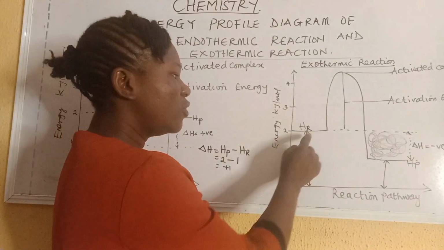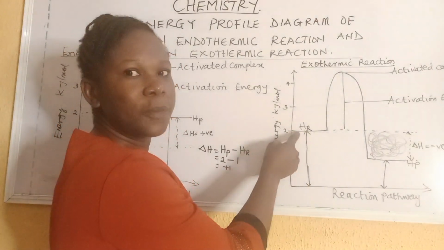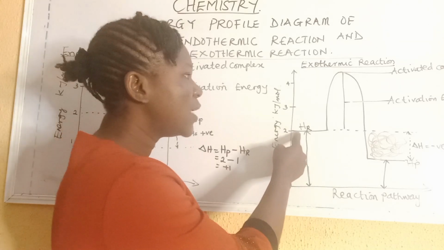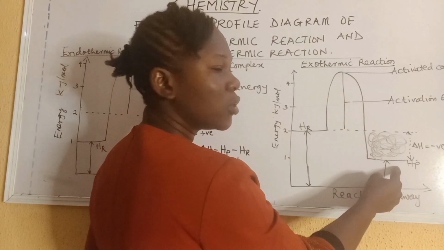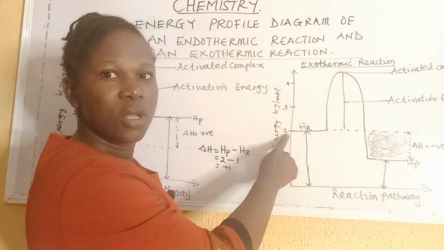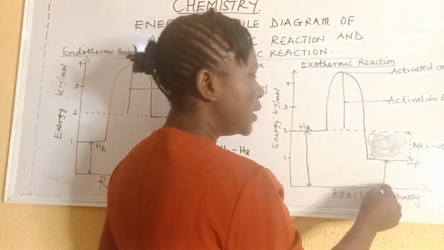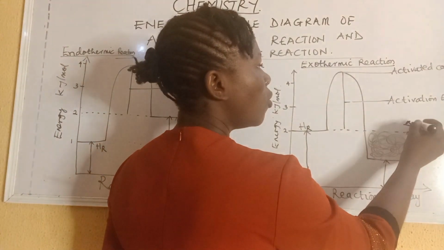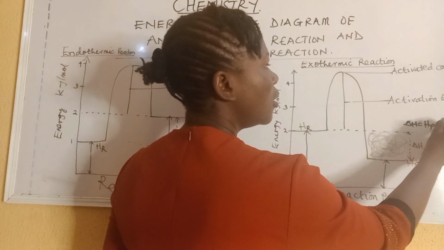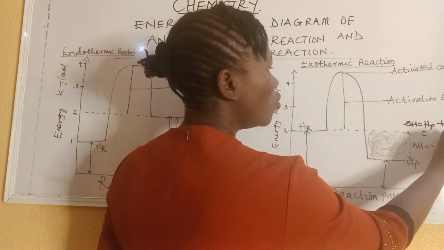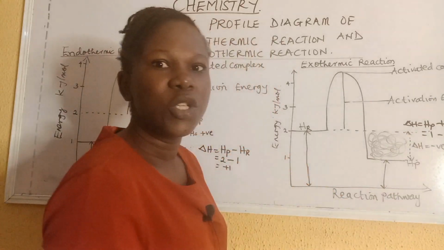Now, at the beginning of the reaction, the heat content is higher. So the heat of reactant here in an exothermic reaction is greater than the heat of product at the end. Let's assume the heat of reactant is 2. And then at the end, it is 1. So to calculate the enthalpy change or heat change in this case, we deduct the heat of reactants, which is 2, from the heat of product, which is 1.